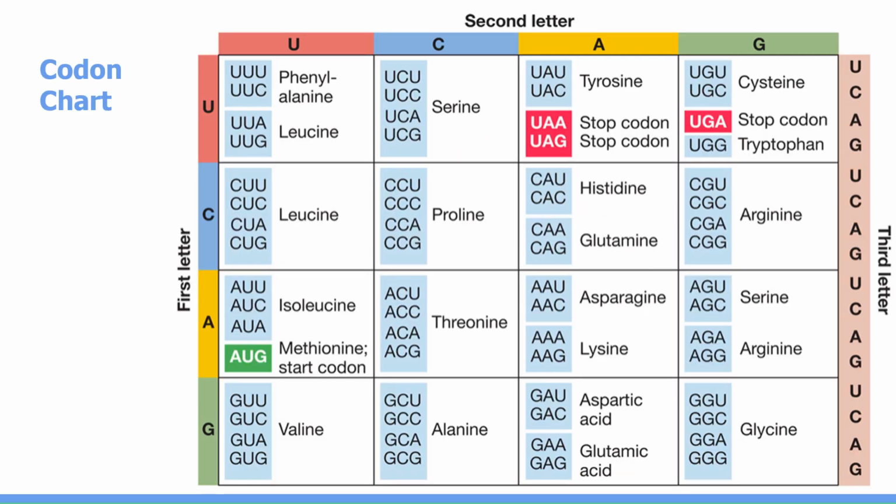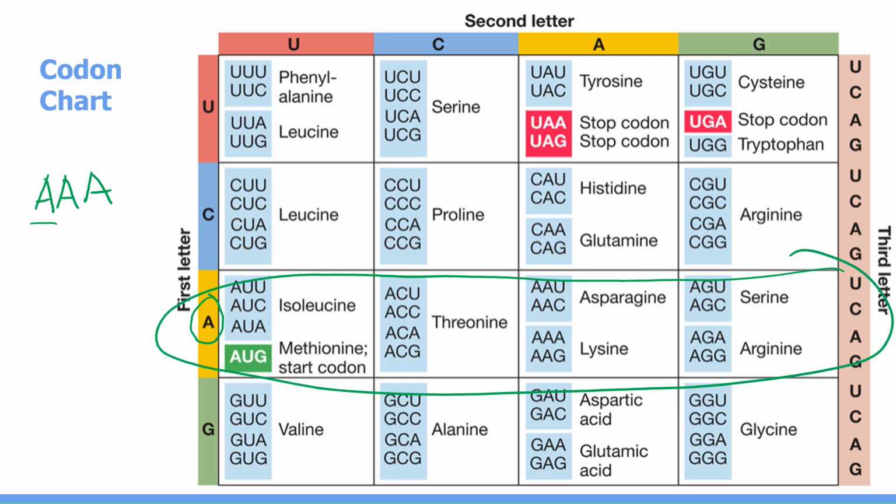So again, this is the codon chart previously mentioned, and I'm going to use the example of the codon AAA to verify that it is indeed lysine. For the first letter, we need to take a look at the left-hand side. I isolated A, so I'm going to highlight this in green.